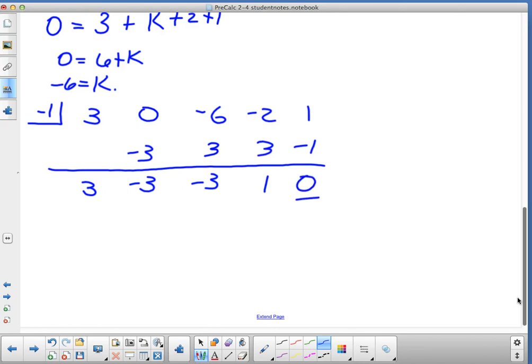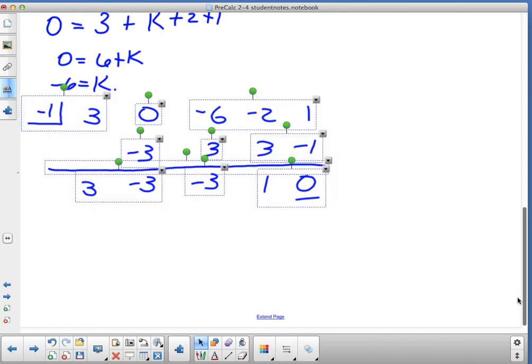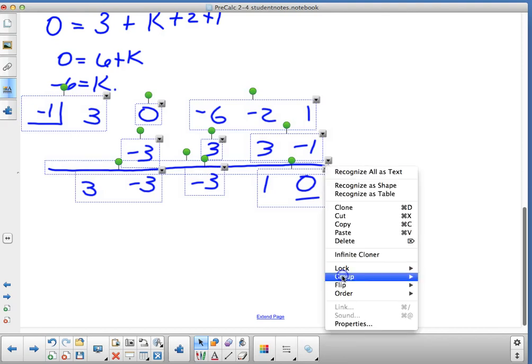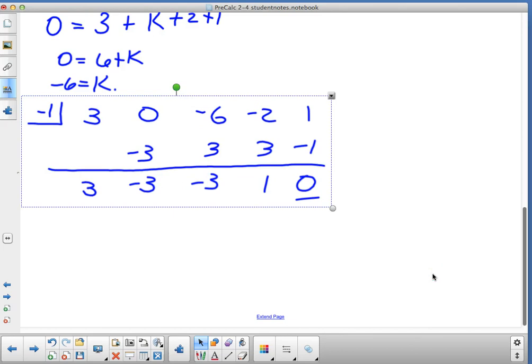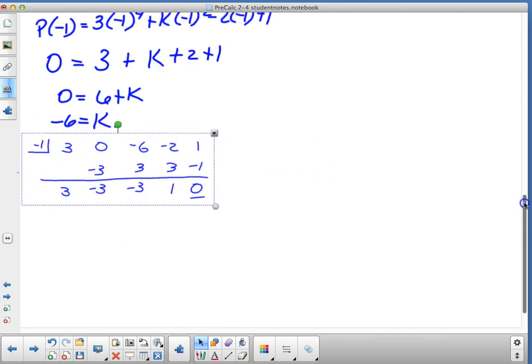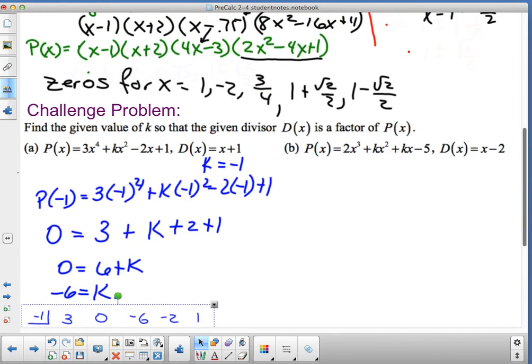That is my proof that the answer works. What I'd like you to do is apply that same idea to problem B.